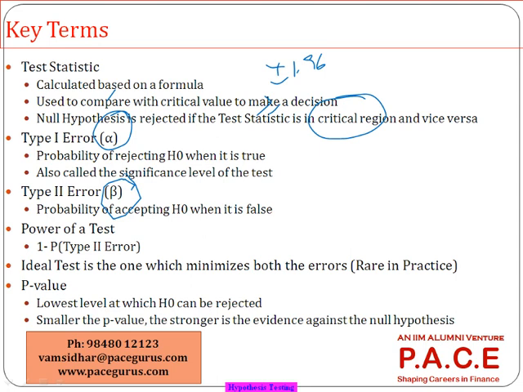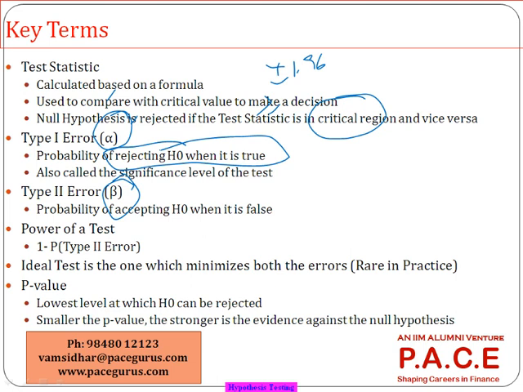Wherever I am rejecting the null hypothesis when it should not be rejected, rejecting the equality when actually there is equality between the two, that is what we call the type 1 error.